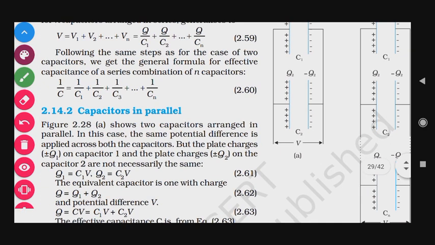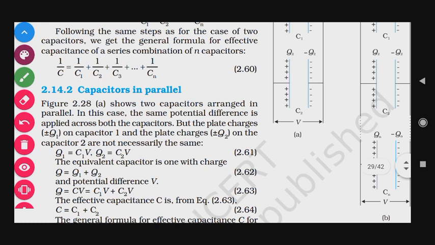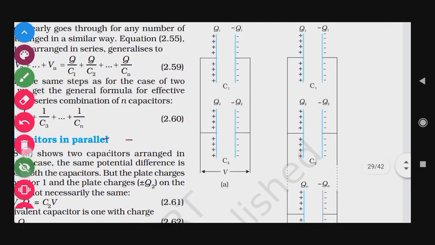Now the voltage is the same, but are the charges the same? The plate charges plus-minus q1 on capacitor 1 and plus-minus q2 on capacitor 2 are not necessarily the same. When I connect the battery, the current will flow, and the current will be distributed.